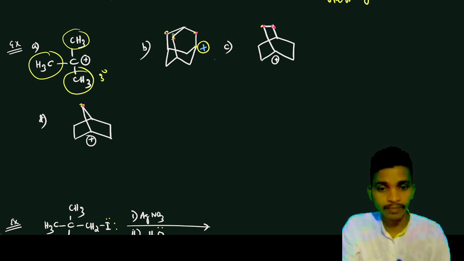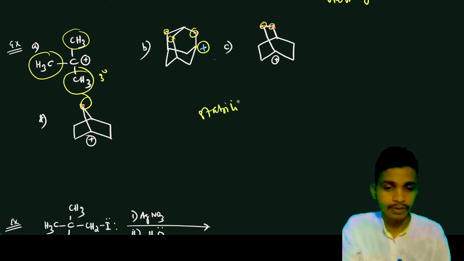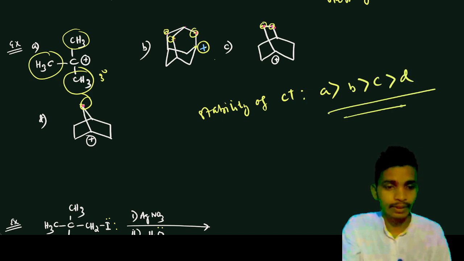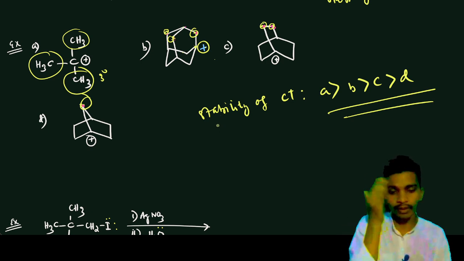This bridge joins atoms, so here 3, here 2, and here 1. So if this increases, then that carbocation is more stable. So here, if you check the stability of carbocations, first will be A, then B, then C, then D. This is the order of stability of these carbocations.